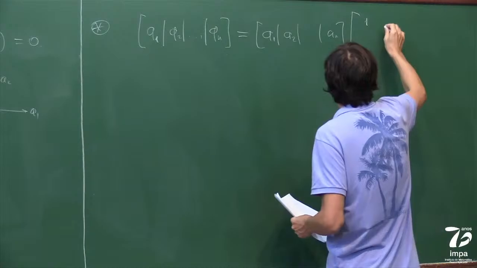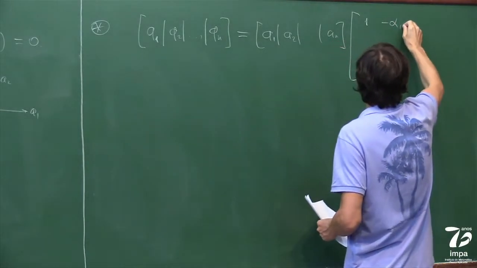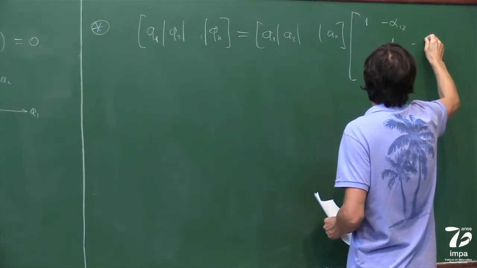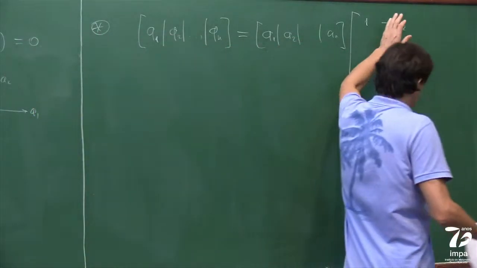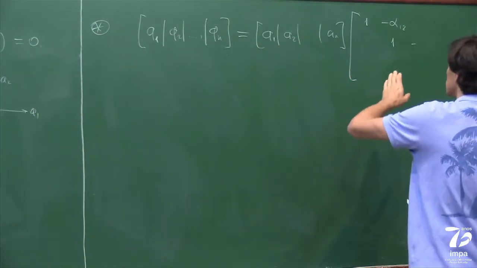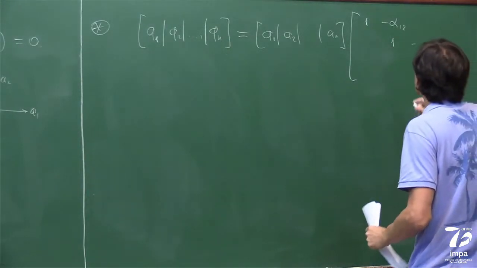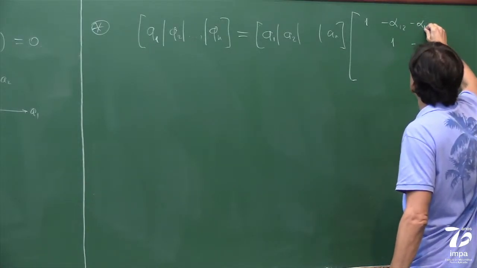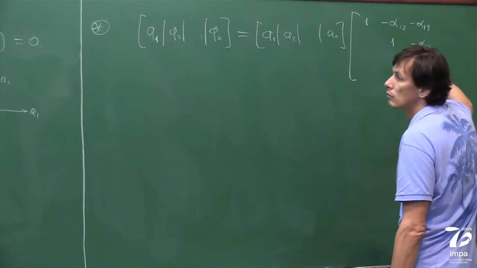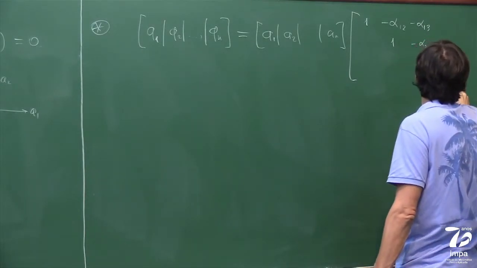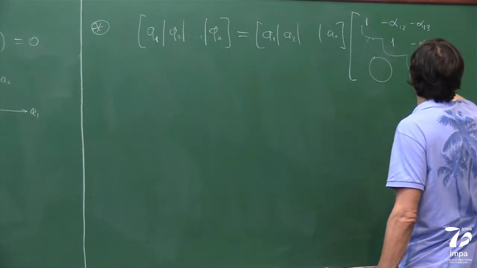And it will be minus alpha 1,2, and so on, minus alpha 1,3, 1. And here everything is 0.